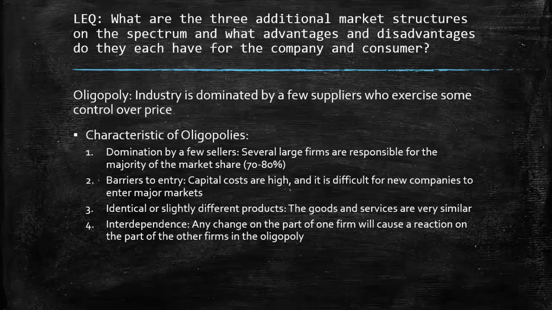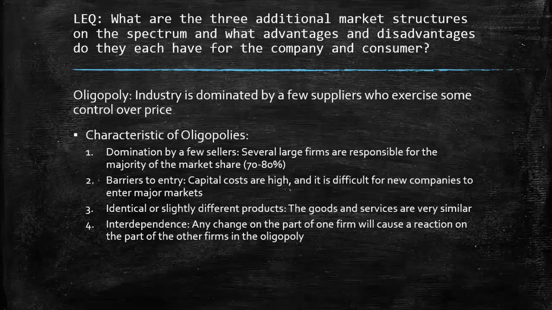That is just a few companies, and there is no number cutoff, I will make it obvious for you, but a few companies, 2, 3, 4, 5, 7, 8, something like that, own 70 to 80% of the entire market share for that product. And I'm going to do more examples of that here in just a moment.